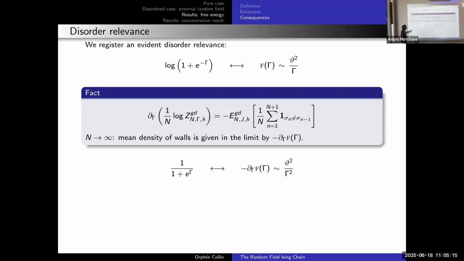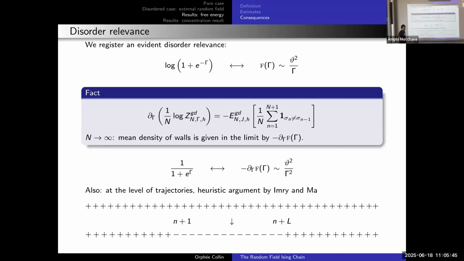So in the pure case, we recover 1 over 1 plus exponential gamma, the p gamma that we had in the analysis of the pure case. And here we get the variance divided by gamma squared. But this tells us that the walls appear at a much larger frequency in the disordered case than in the pure case, at least for gamma large.